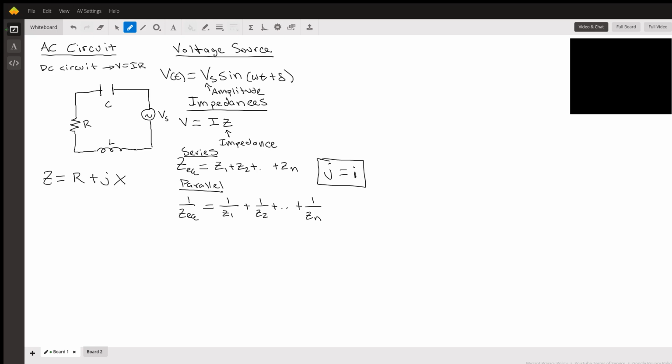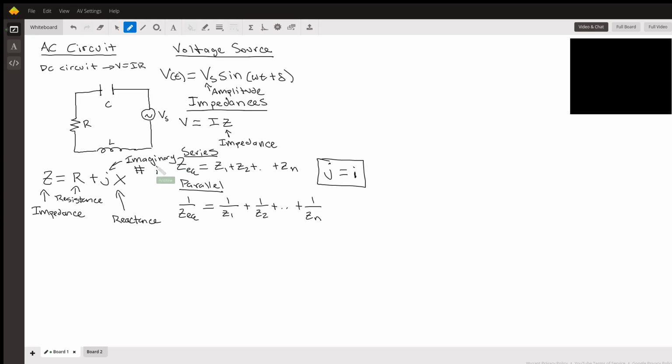So then I want to go to the bottom left part of the screen. So Z is impedance, R is resistance. That's the same resistance you're familiar with in a DC circuit. And then X is the reactance, and J is actually the imaginary number i.